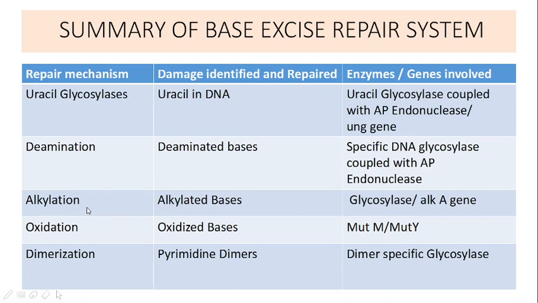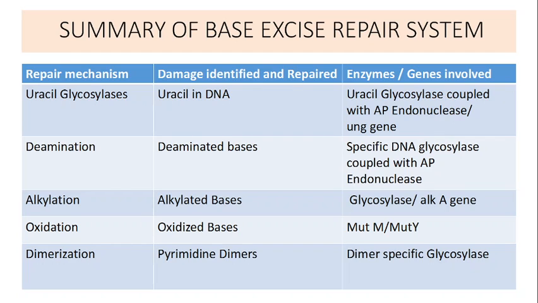In the alkylation BER system, alkylated bases will be removed by specific glycosylases, and the gene involved is the ALKA gene. In oxidation, oxidized bases will be cleaved by MUT-M and MUT-Y genes. And in dimerization, pyrimidine dimers will be recognized by dimer specific glycosylases.